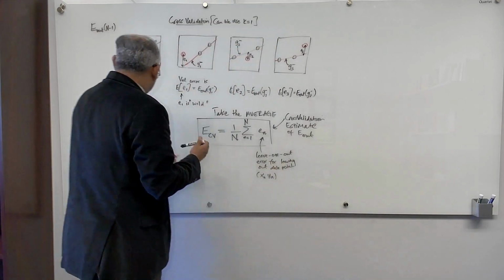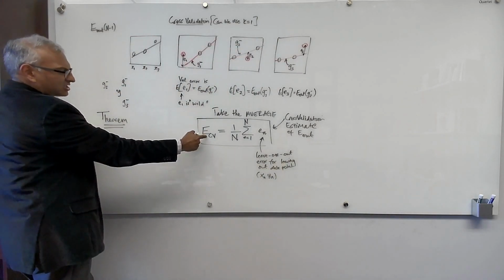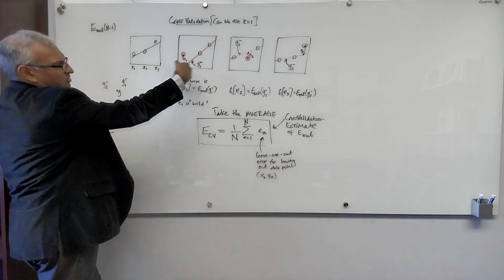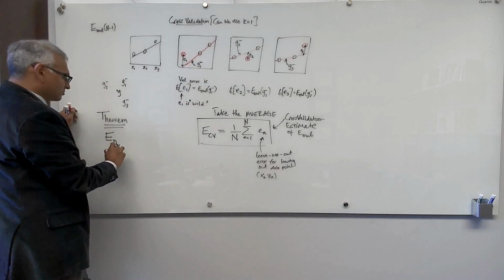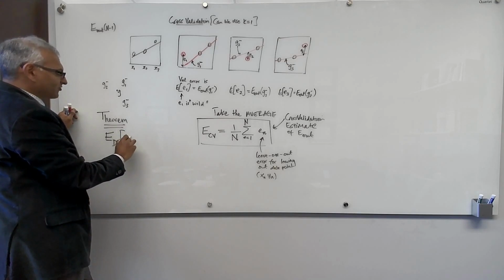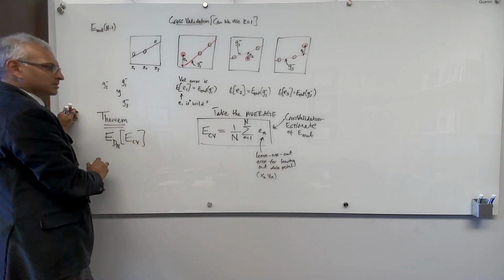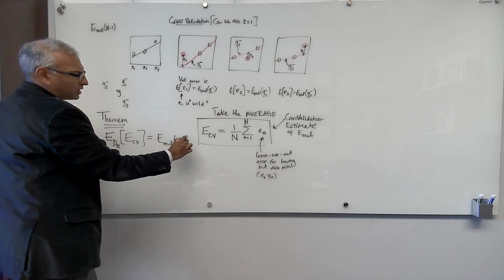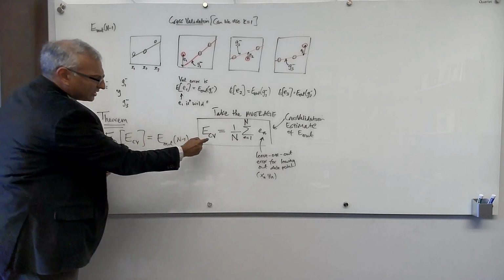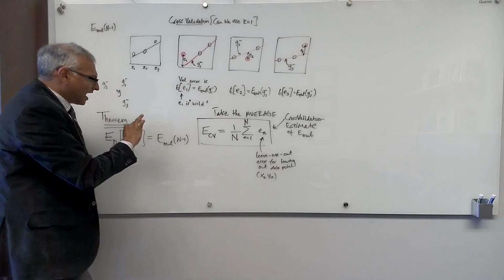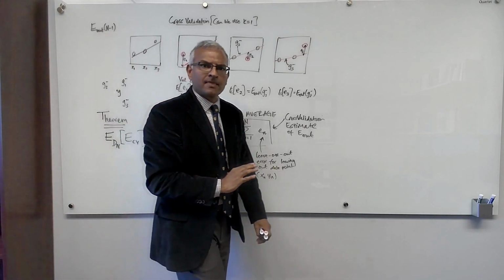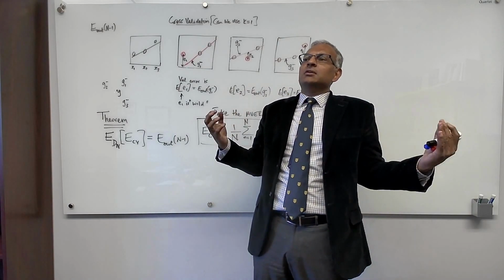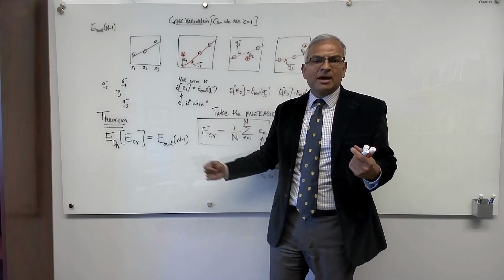So, theorem: if I take the expected value with respect to data sets Dn, for the cross-validation error, this equals E out of n minus 1. So in other words, the cross-validation error is an unbiased estimate of the expected error you incur when you learn on n minus 1 data points.